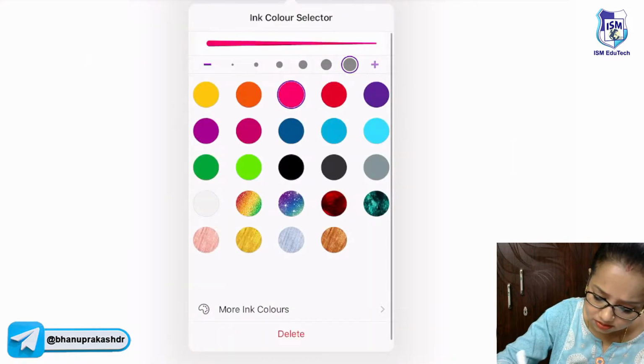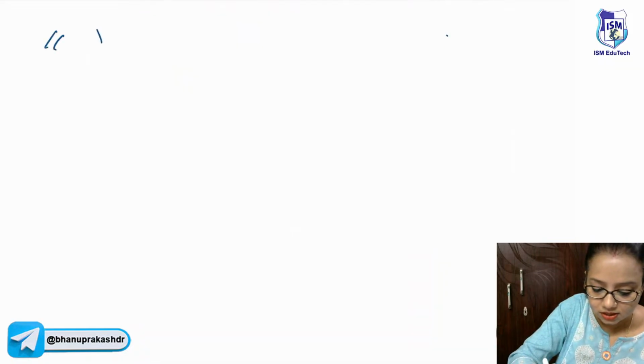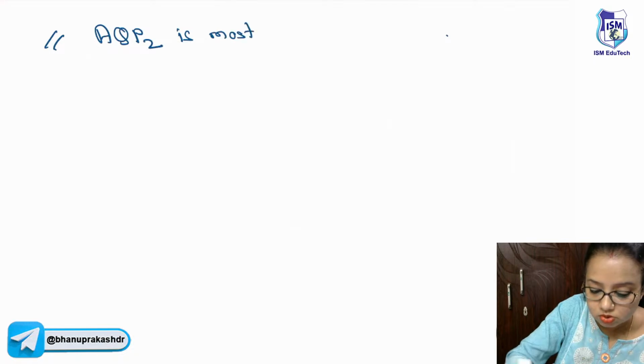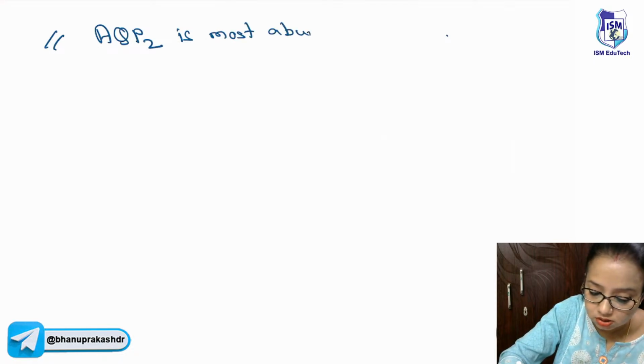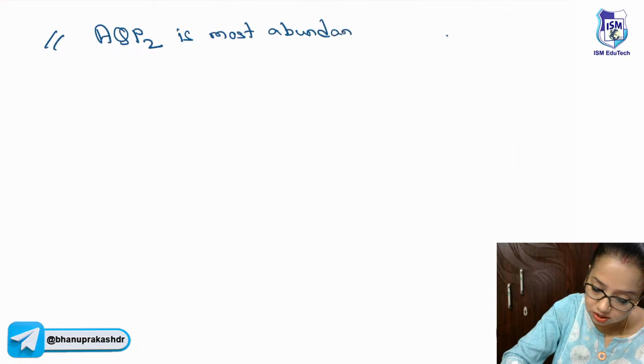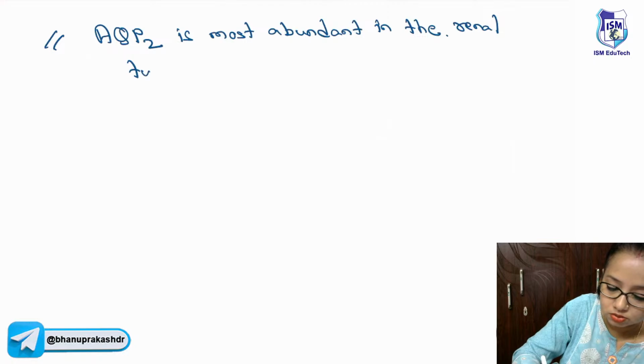Another example, each and every channel is very important. Just another example for you is aquaporin 2. Now this aquaporin 2 is most abundant in the renal tubules.